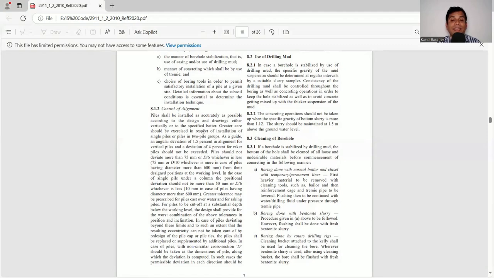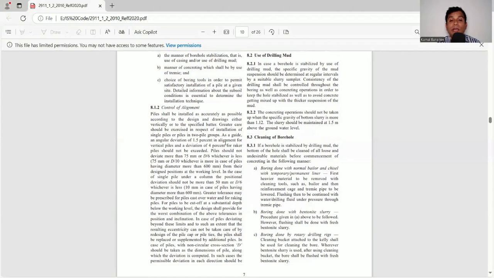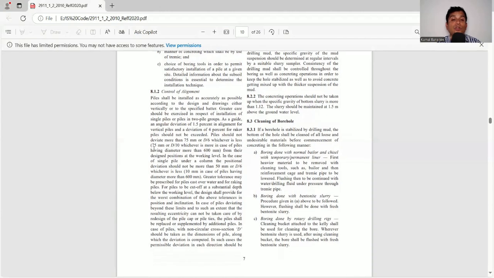As a guide, an angular deviation of 1.5% in alignment for vertical piles and a deviation of 4% for raker piles should be the maximum. A pile should not deviate more than 75 mm or D by 6, whichever is less, or 75 mm or D by 10, whichever is more, in case of piles having diameter more than 600 mm. So below 600 mm, 75 mm or D by 6, whichever is less, and above 600 mm, D by 10.